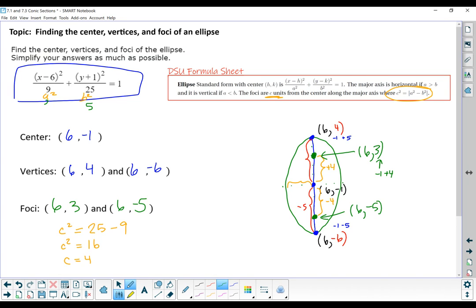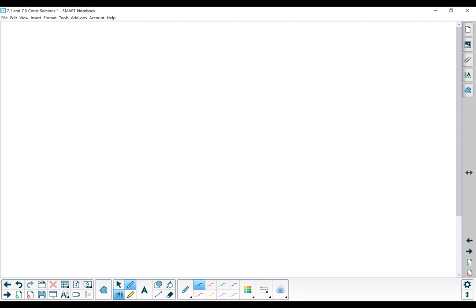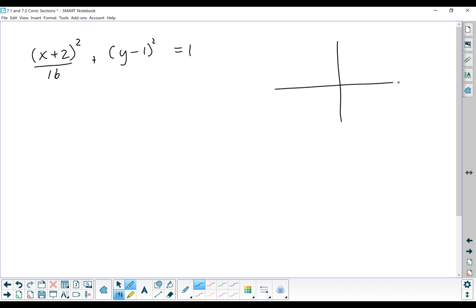When you're doing this topic, please be sure to pay attention to whether your major axis is vertical or horizontal. It could give you an equation like this, where if you find your location of your center, let's just call this -2, 1.